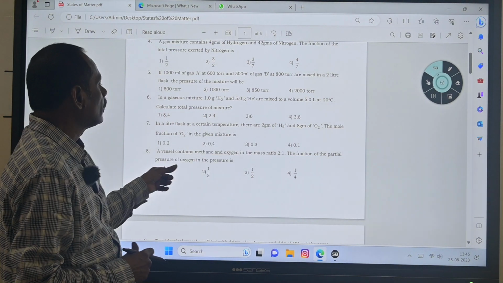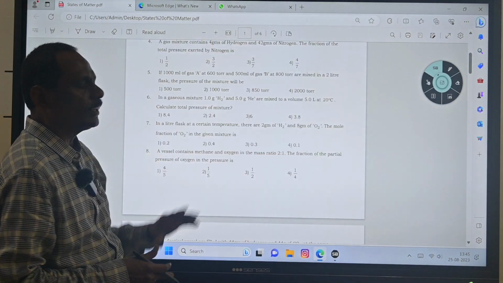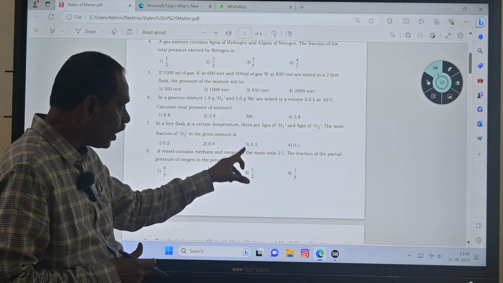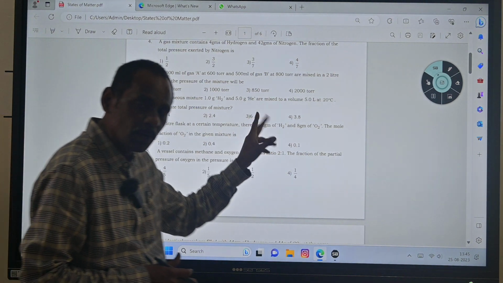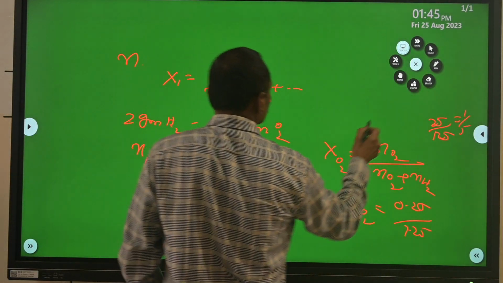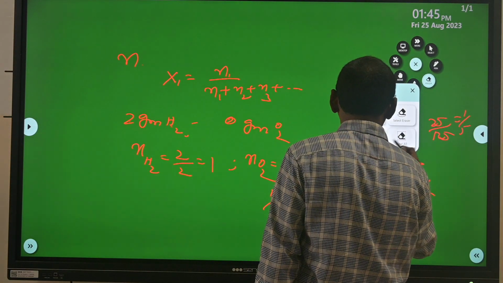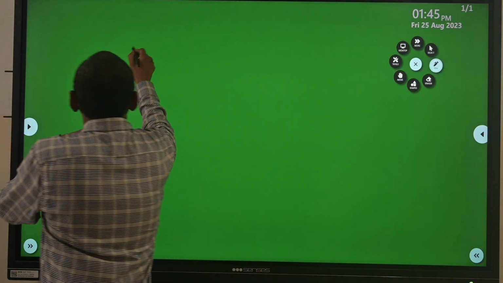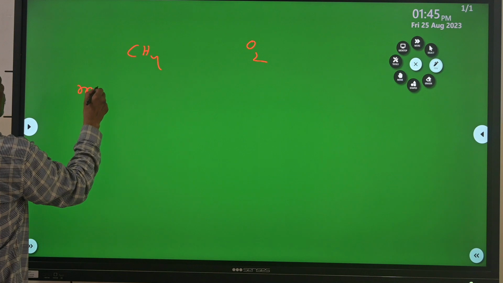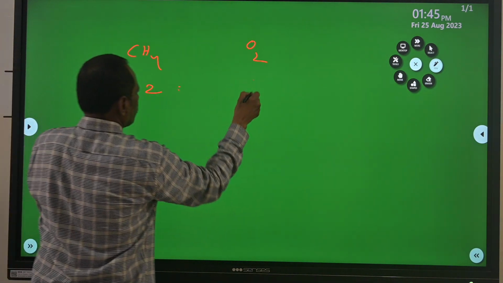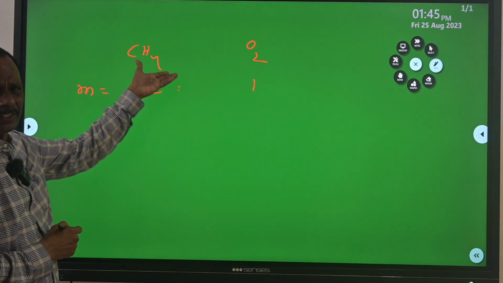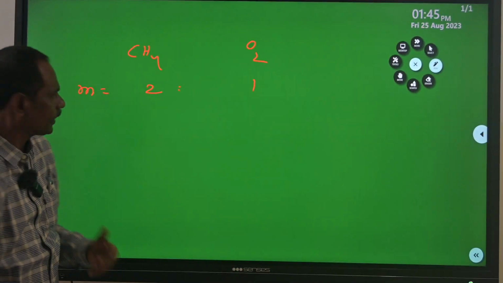Find the fraction of partial pressure of oxygen in the pressure. Then the partial pressure of methane or oxygen we can calculate.